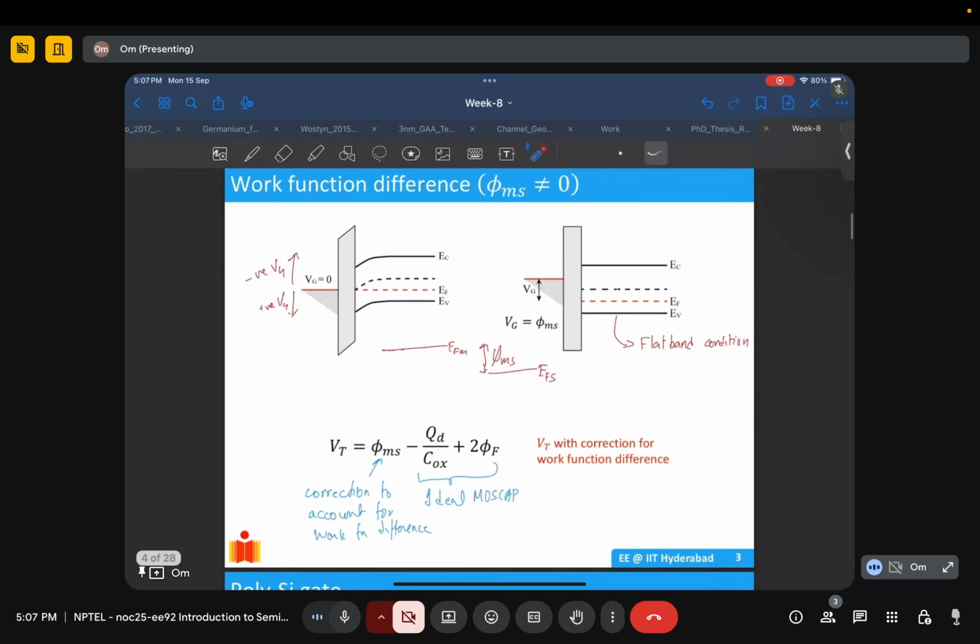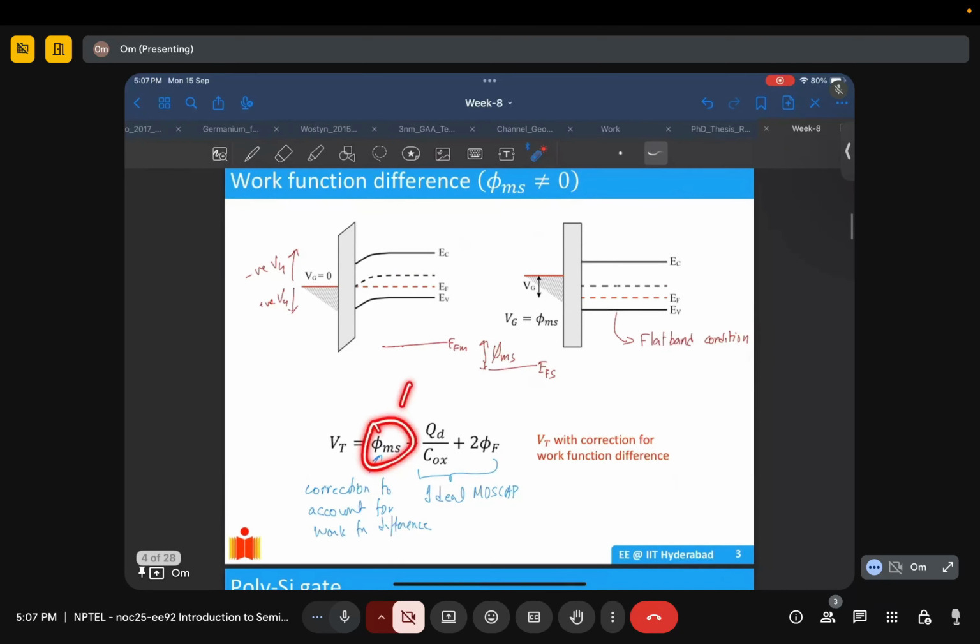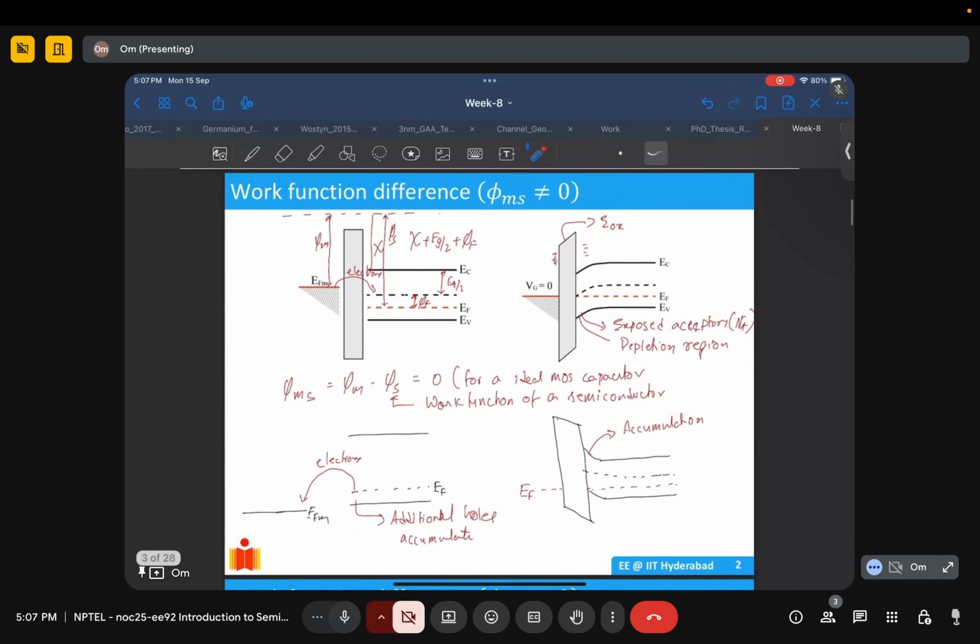So this phi ms will be your flat band voltage VFB. This is the corrected threshold voltage, and phi ms is your flat band voltage VFB that you need to apply to bring the bands to flat.